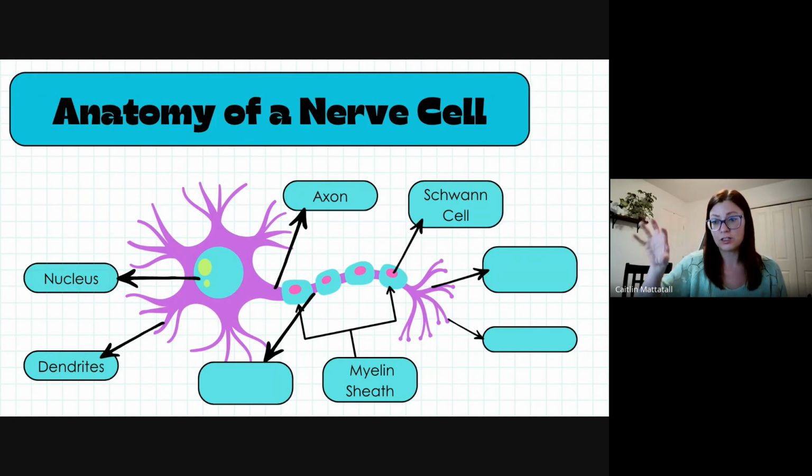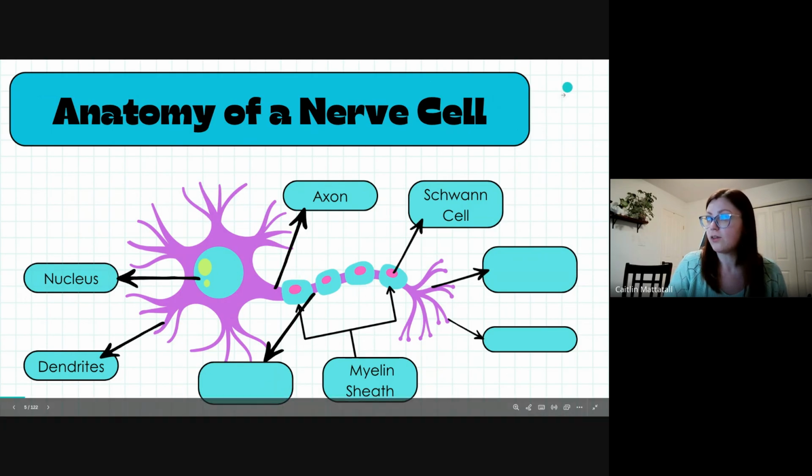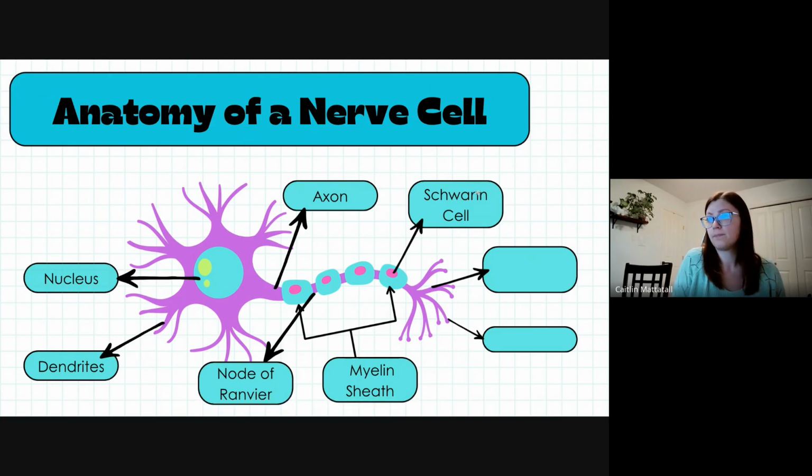And the myelin sheath is just that, again, group of bubbles that cover the axon. In between the Schwann cells, or in between those bubbles, are those nodes of Ranvier. And it's basically just exposed axon.